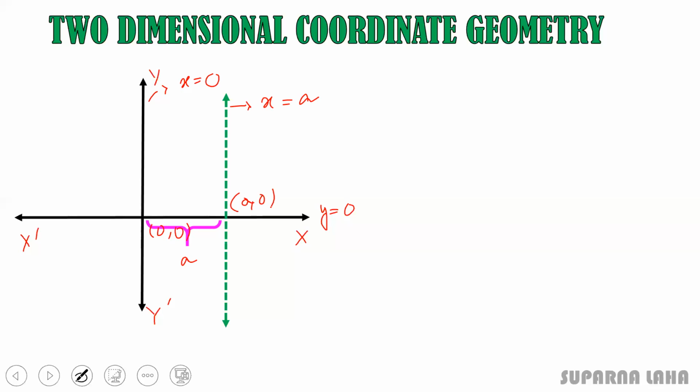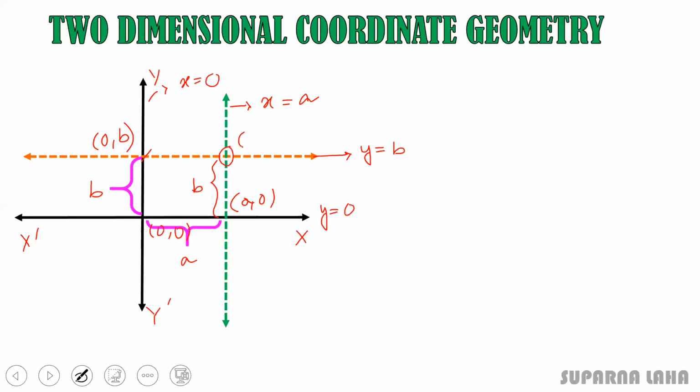Moving to the line parallel to the x-axis, take this line and this distance is b, then this point is given by 0 comma b, and the equation of this line is y is equal to b. Now let's talk about this point. This distance is a and this distance is b.